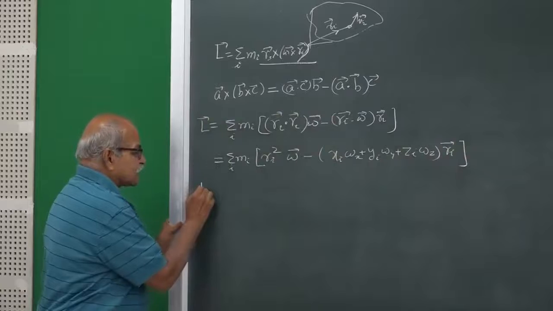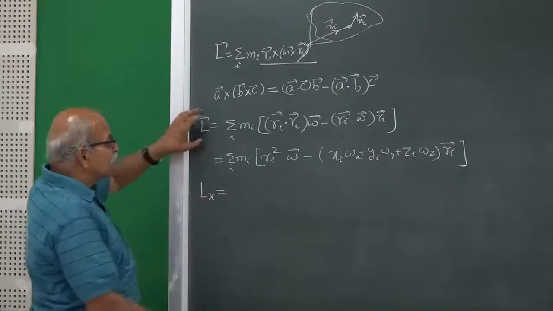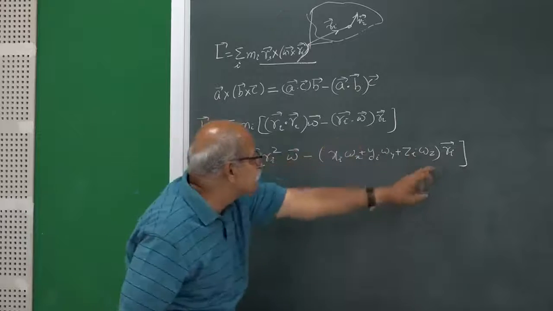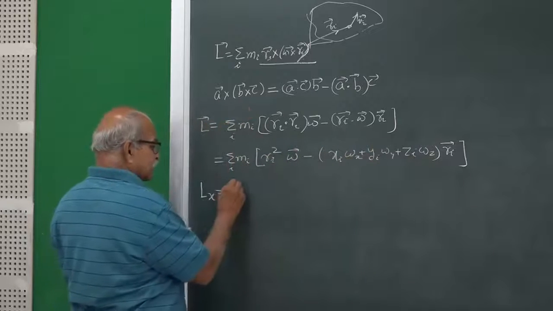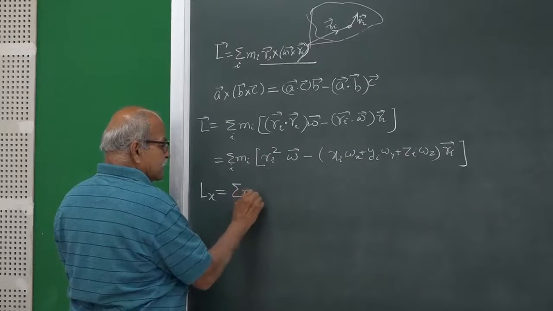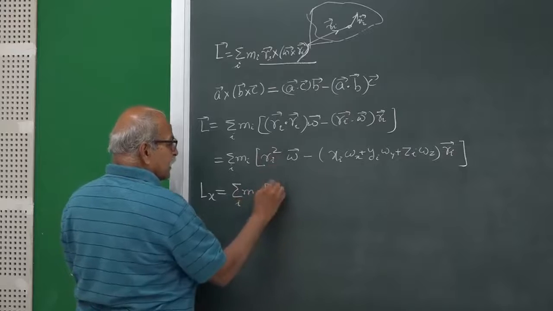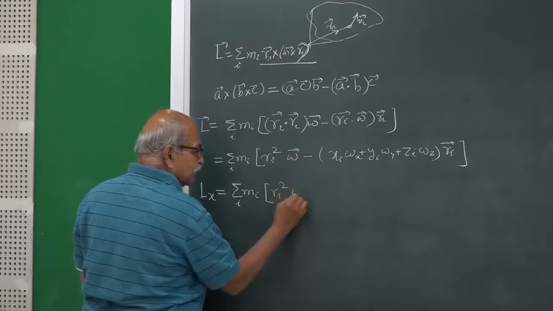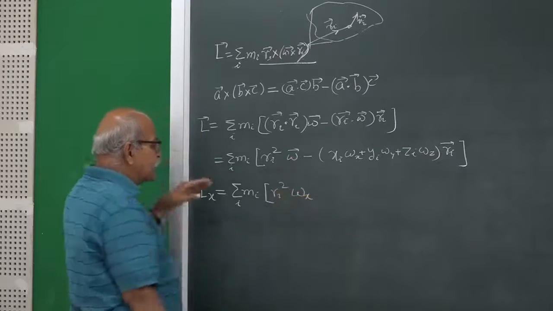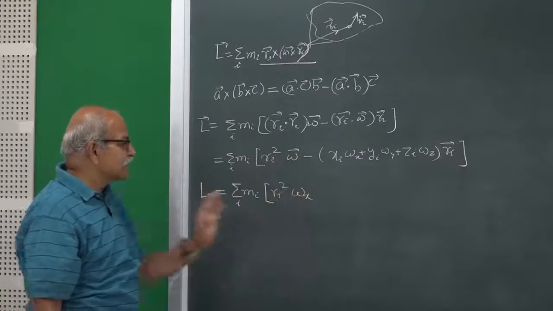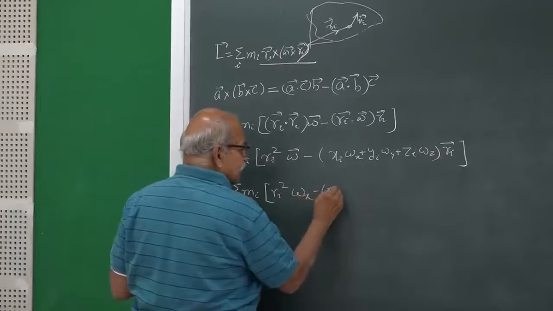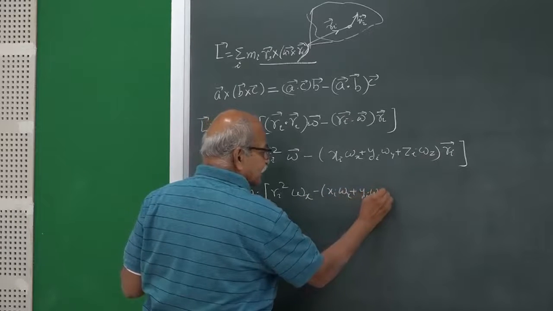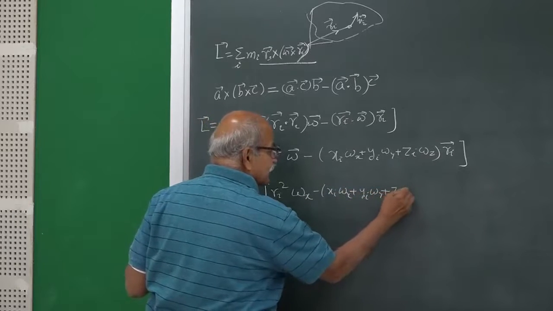Let us see what is Lx, x component of this angular momentum vector. So, x component, here is vector and here is vector, and I am taking x component, summation over I m I r I square and then omega x, I am only taking the x component. So, omega x minus x I omega x, y I omega y, these are all scalar quantities, they are not going to change.